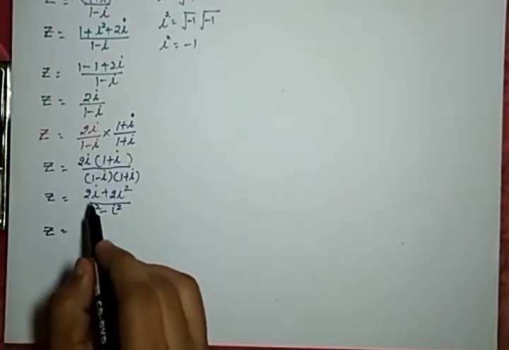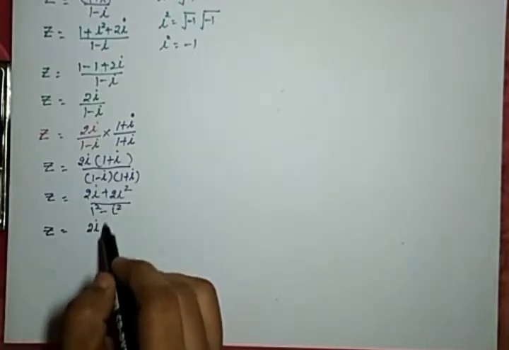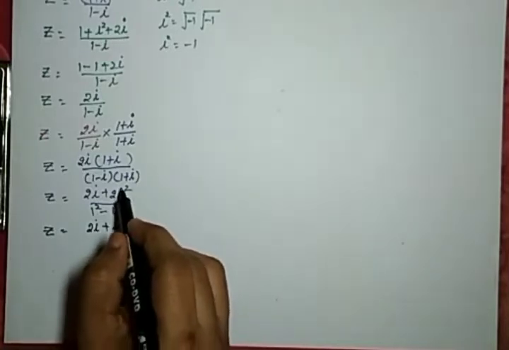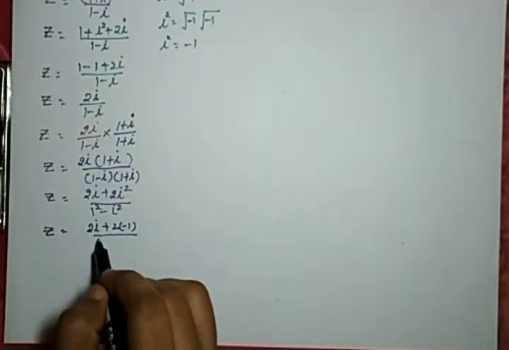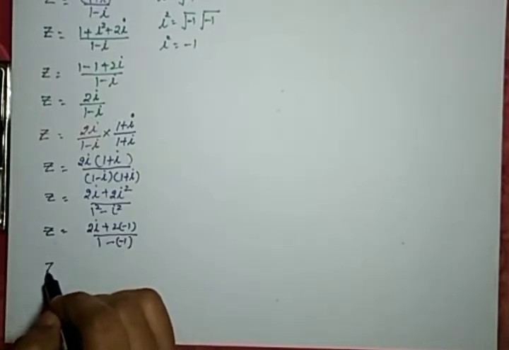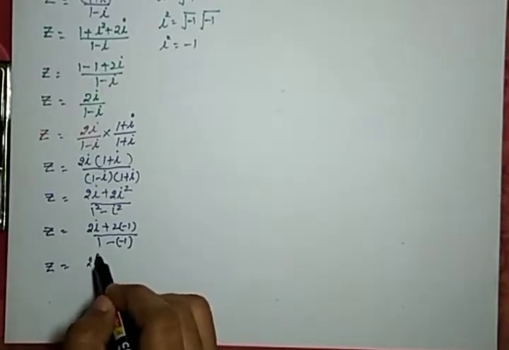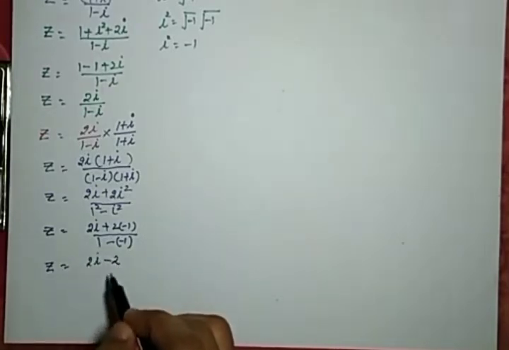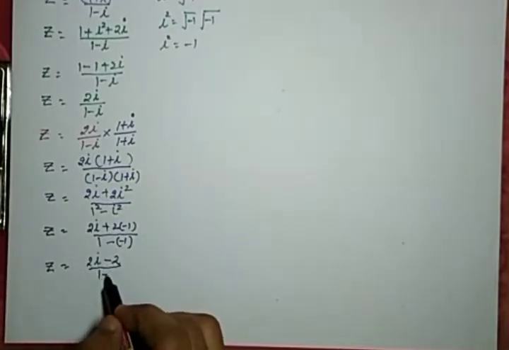Z is equals to 2 iota plus 2 times iota square, which is minus 1, upon 1 minus iota square, which is minus 1. So z is equals to 2 iota minus 2 upon 1 plus 1.